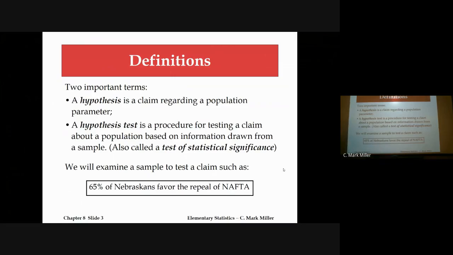Now you could also say at least 65%. So that would be P is greater than or equal to 0.65, because at least is greater than or equal to. P is greater than 0.65 is saying that over 65% support the repeal of NAFTA. Okay.